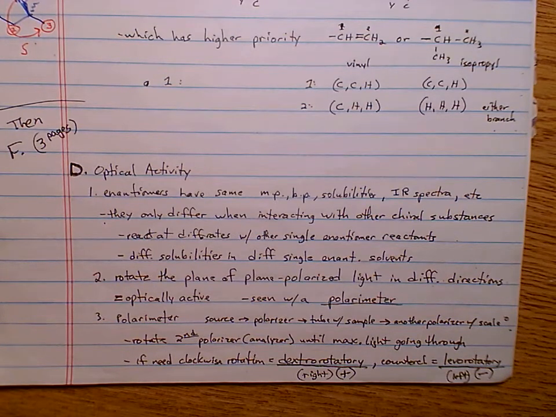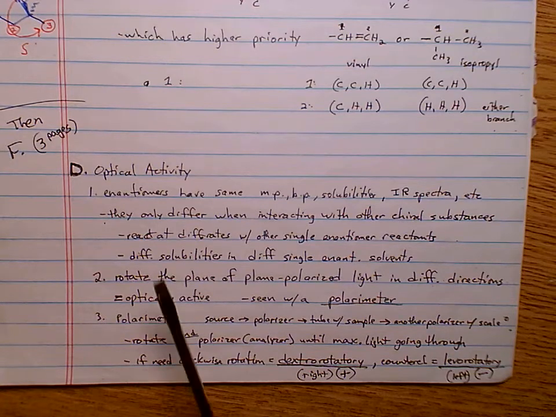Anyhow, if you have just regular socks, note socks are not chiral. Socks fit both feet equally. A brand new pair of socks you can fit on either foot. So it doesn't matter if it's your left foot or your right foot. Your left foot's chiral, your right foot's chiral, but since socks are not chiral, socks interact with both feet equally.